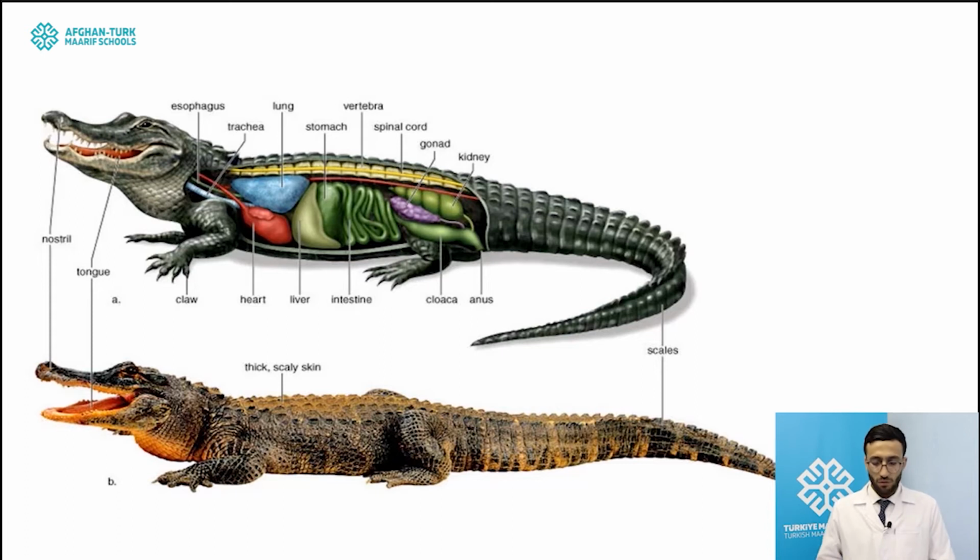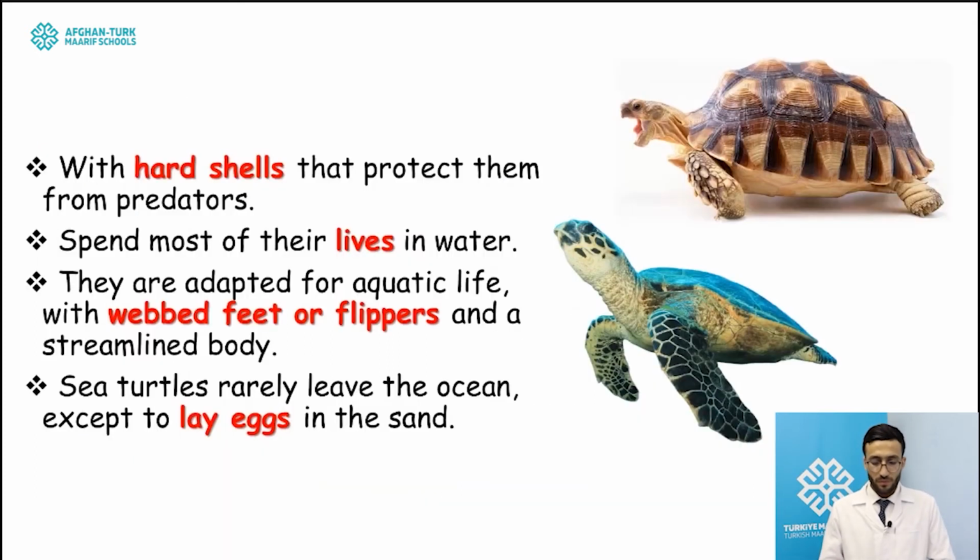On another part of the reptiles, we can talk about the turtles. Turtles could be divided according to their environmental features or the habitat that they live in: the turtles that live on land, and the tortoise that uses the water or aquatic environment to survive. Mainly, they are covered inside a hard shell that protects them from predators.